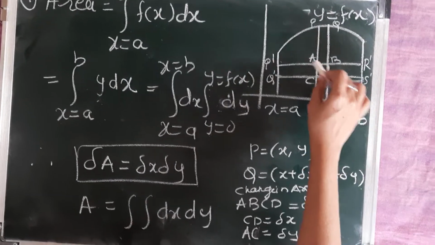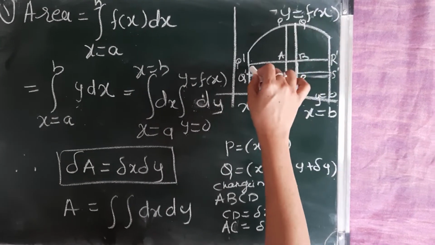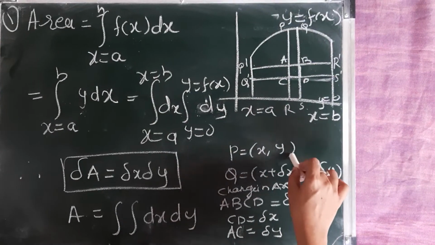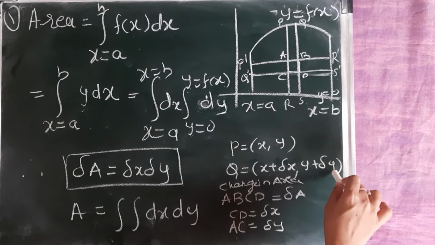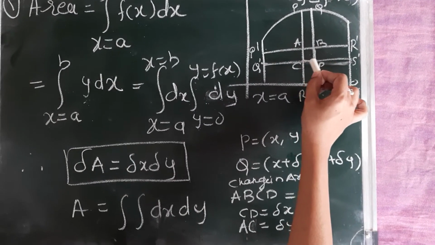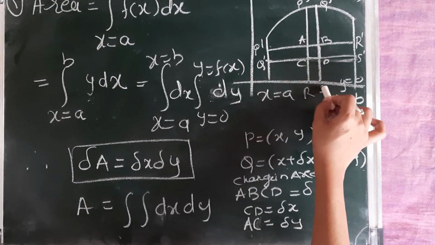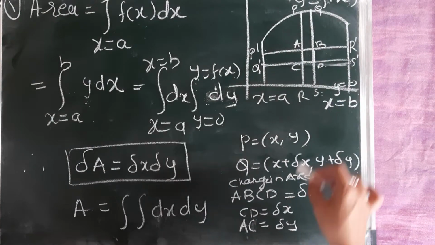So if I want to find the entire area, then it is the sum of all such small area changes. I'll name this point P as x comma y, Q is x plus delta x comma y plus delta y. Then the change in x, that is the value of CD, is delta x, and the value of AC or BD is change in y, which is delta y.